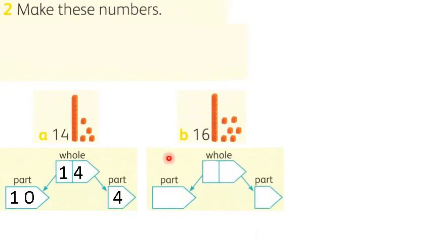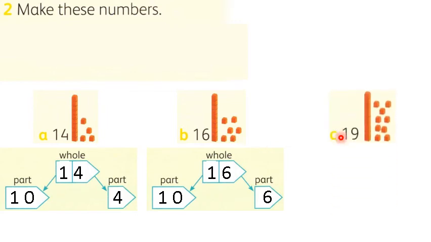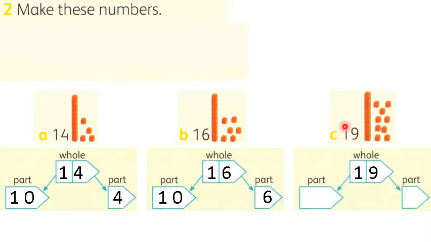So we have our whole number, that is 16, and we can split it into 1 ten, which makes 10, and 6 ones, which makes 6. And C, our whole number, which is 19, that we can split into 1 ten and 9 ones.